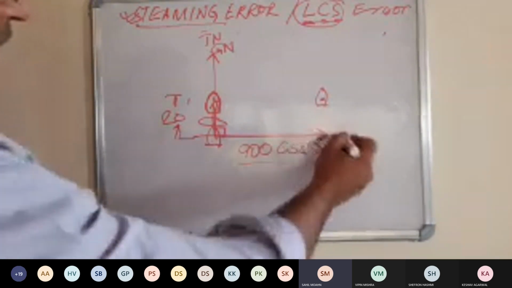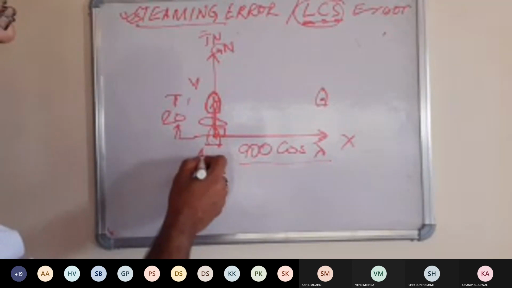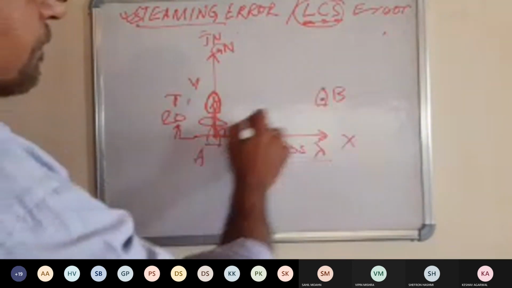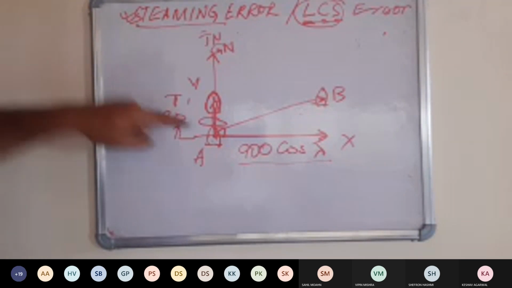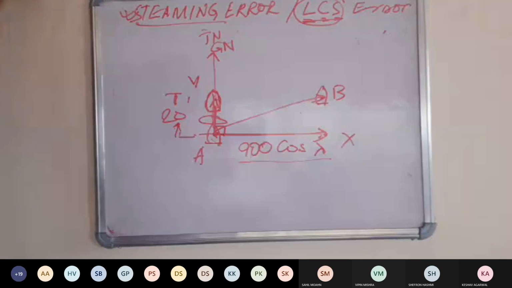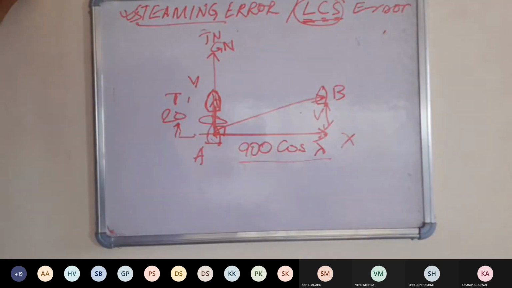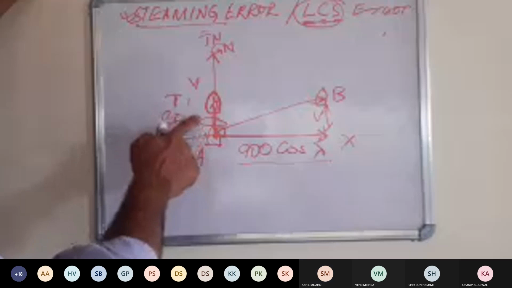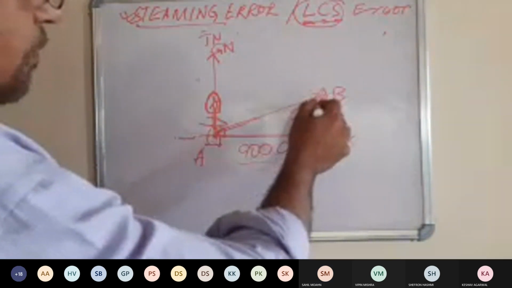One motion X, one motion Y. So is she reaching from A to B? The latitude has also changed. This will be the speed of 20. Correct or not? Yes, sir. That means now the gyro compass of the ship is experiencing a relative resultant motion like this.